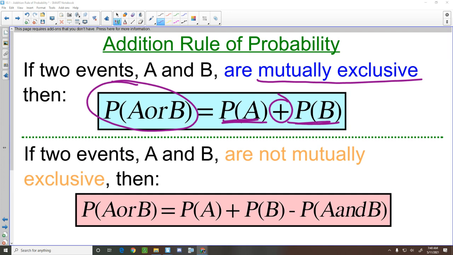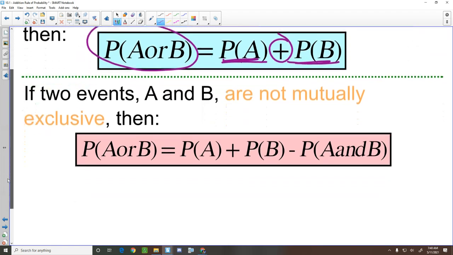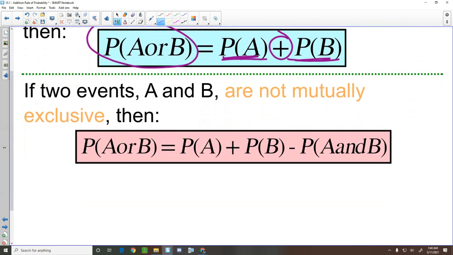Now, if two events are not mutually exclusive, then the probability of one event or the other event occurring, it's very similar, but there's one change that we have to take into account.